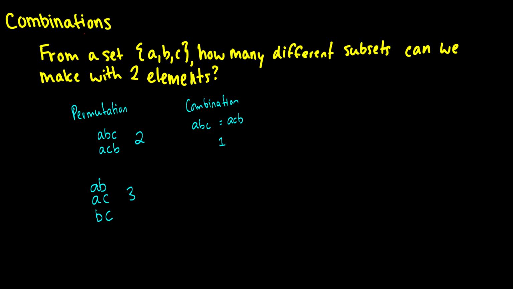Now you're saying, well, what about BA, what about CA, and what about CB? Well, these map to ones we've already done. So we simply don't count these. So what we say is that there's 3 different combinations we can make.